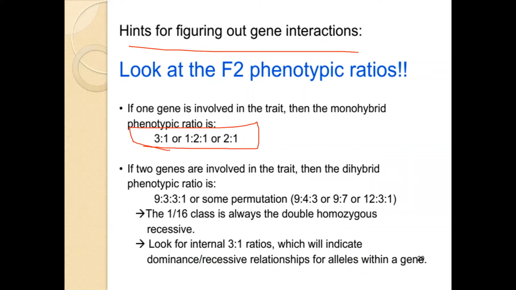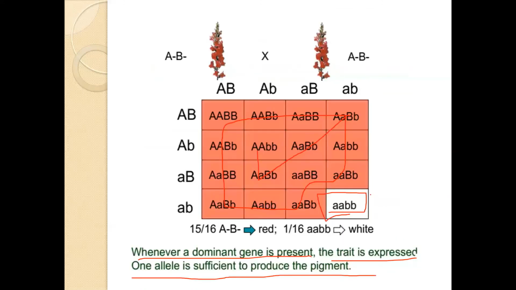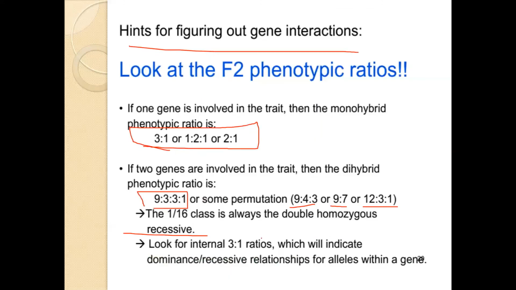If two genes are involved in the trait, then the dihybrid phenotypic ratio is 9:3:3:1, or in some exceptional cases, 9:3:4, 9:7, or 12:3:1. The 1 among the 16 is always the double homozygous recessive, like this one.